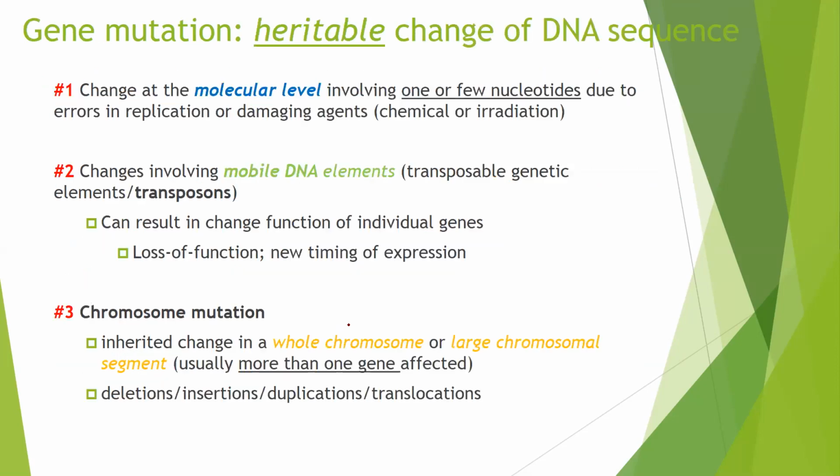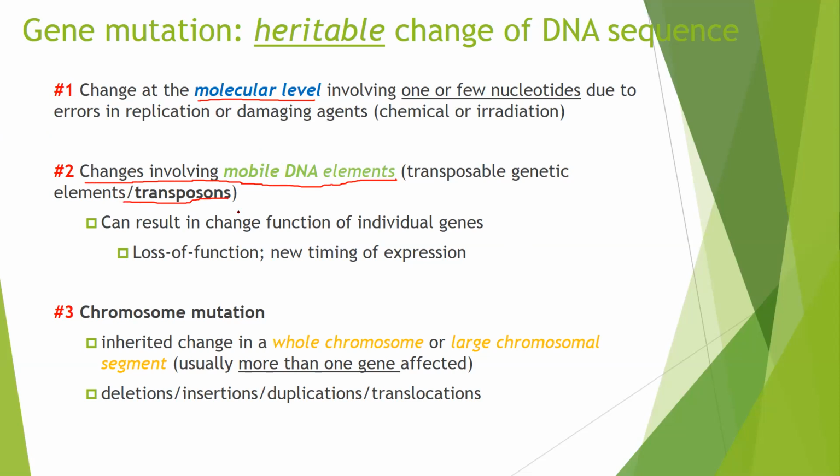As I mentioned, from now on we're going to study gene mutations, which are inheritable changes of the DNA sequence, at 3 different levels. First, we're going to talk about the mutation at the molecular level. After that, we're going to talk about inheritable DNA change involving the mobile DNA element, the transposon, which is a small DNA element that can jump from here to there within the genome.